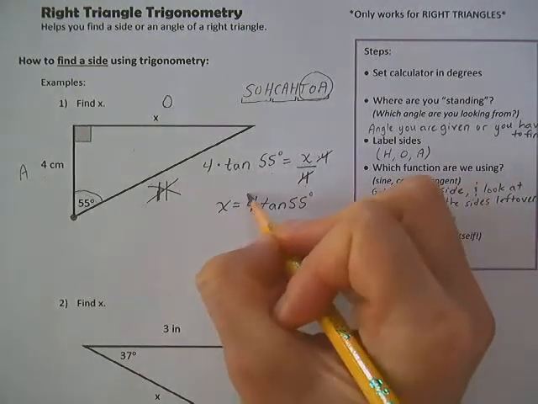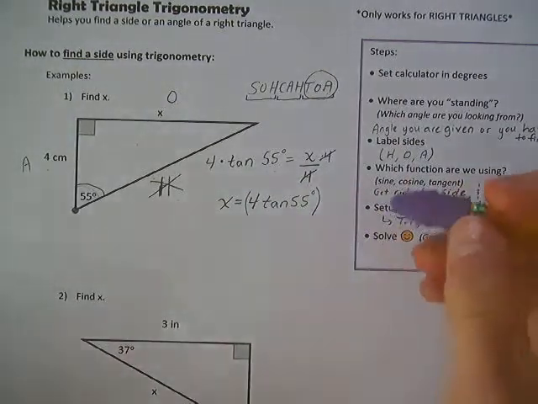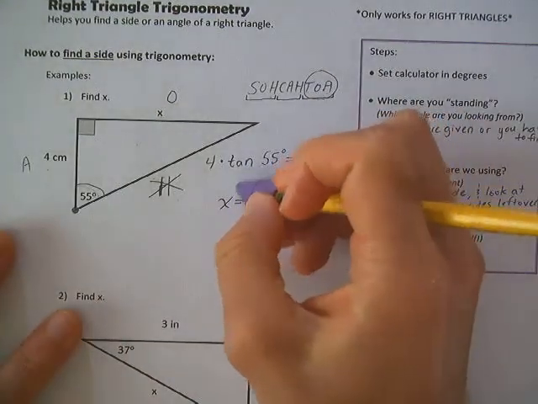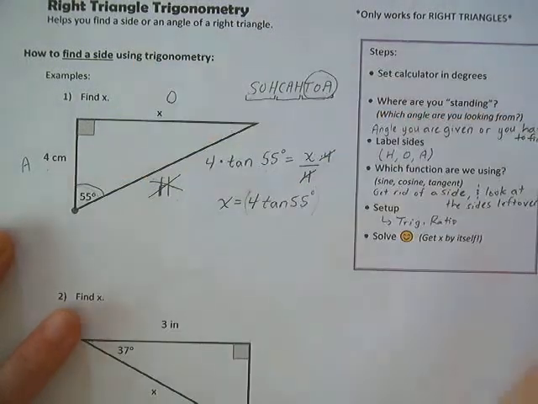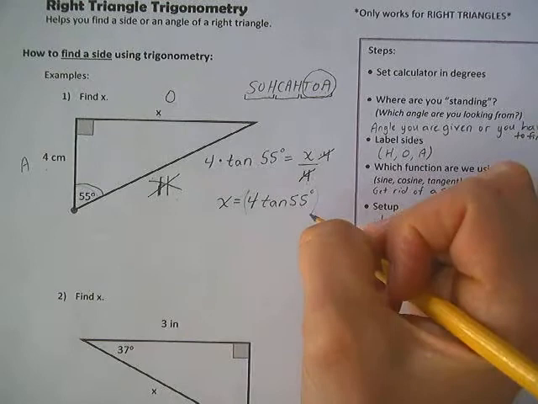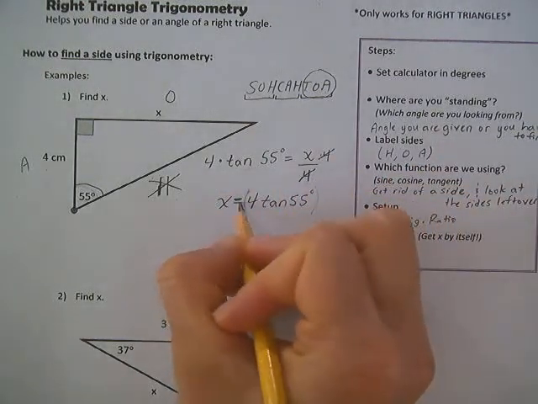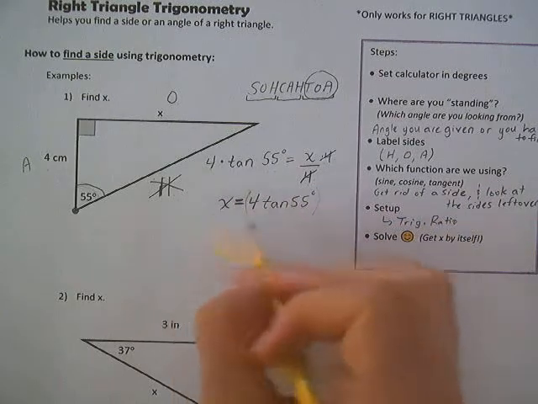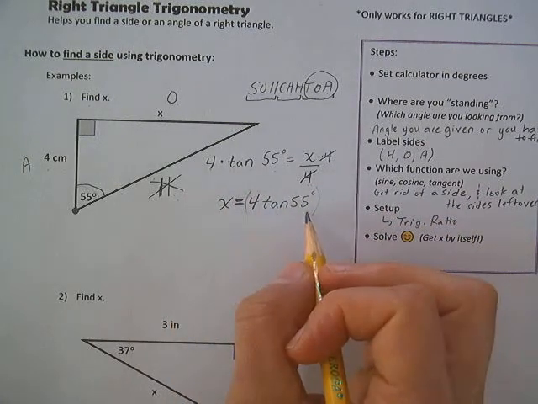Now, if you do not have a calculator at home, or you do not have like a computer or anything like that, where you can type this in, you can use the Desmos app or whatever, then you are more than welcome to leave your answers like this, where all you would have to do is just type it in once you got a calculator.